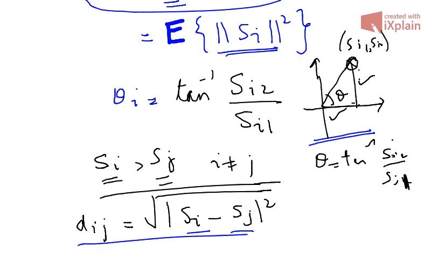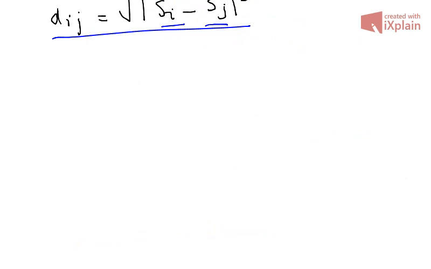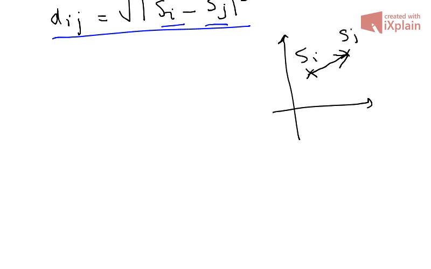So if you have two points, how do you get this one? I think this should be clear, but let me write it for you. Suppose you have two points. Let me draw two points first. You have two points here and here in this space, any two points, and you want to find this distance. This is SI and this is SJ, right?